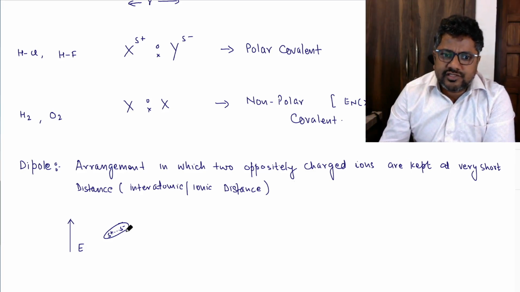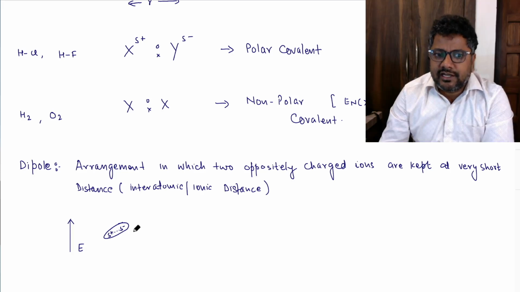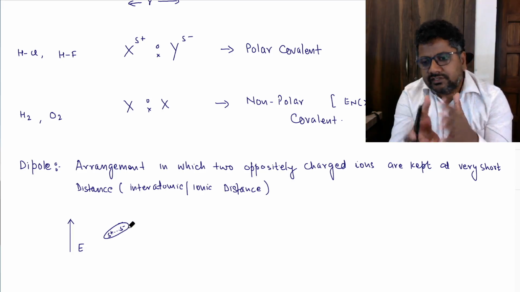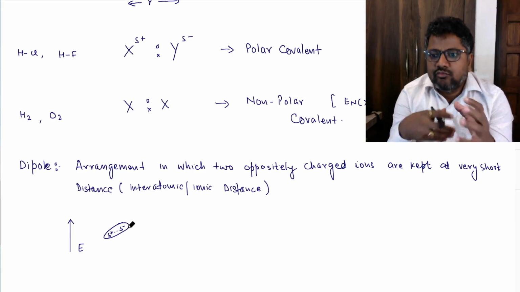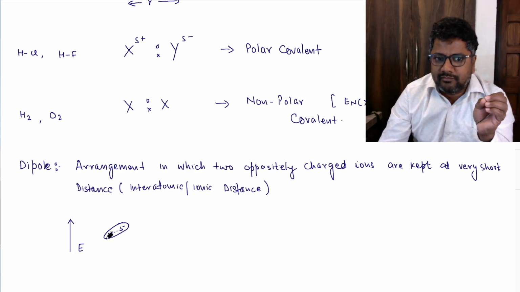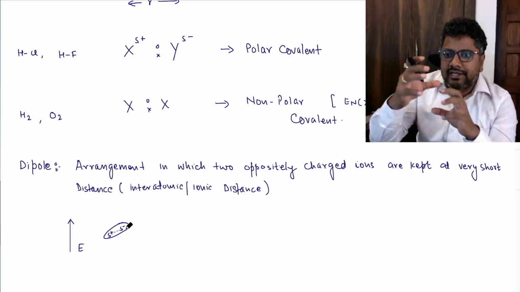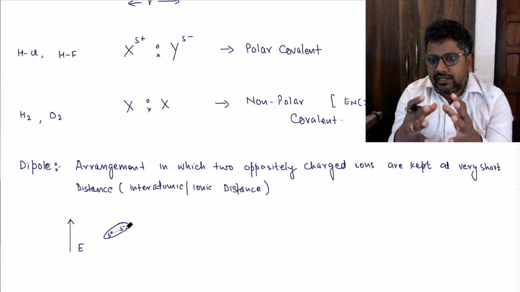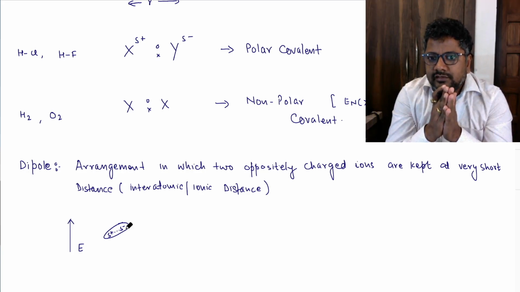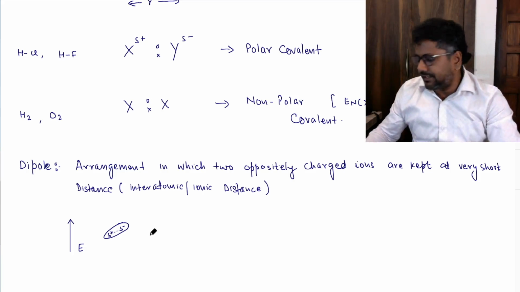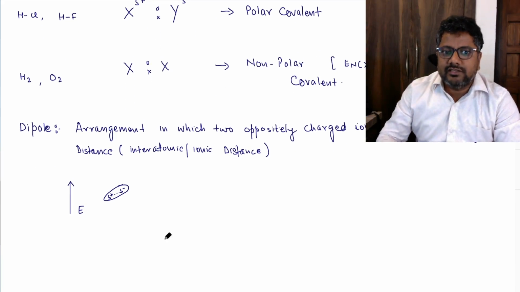If you put such an arrangement in an electric field, it feels a force of attraction and repulsion with the external field, and shows movement in it. This is called dipole moment. A torque is applied on it, and the dipole will try to arrange itself in such a manner that it has the minimum energy. So this is the concept of dipole moment: how much interaction it shows with the external field.